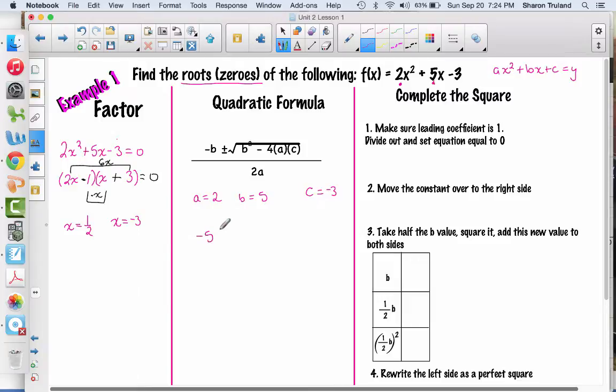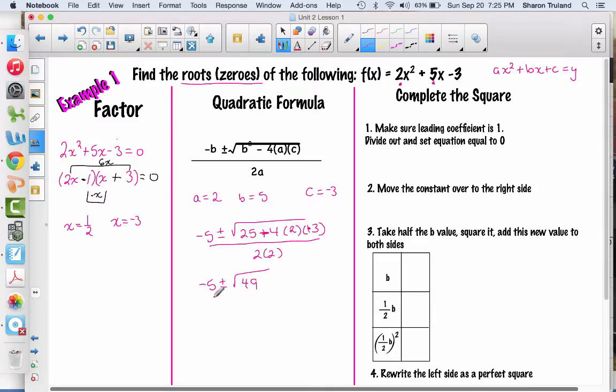Negative b plus or minus square root of b squared minus 4 times a times c all over 2a. So it's negative 5 plus or minus, careful here, a negative times a negative really turns this into a positive.